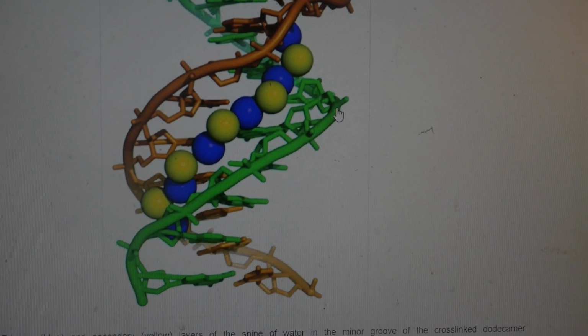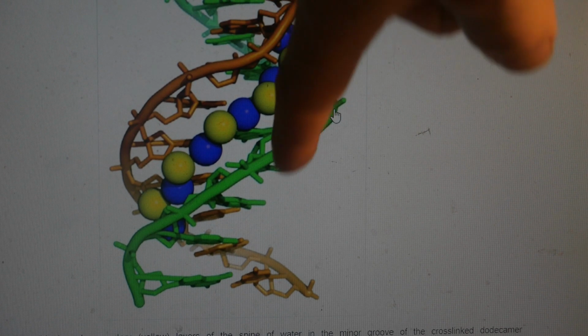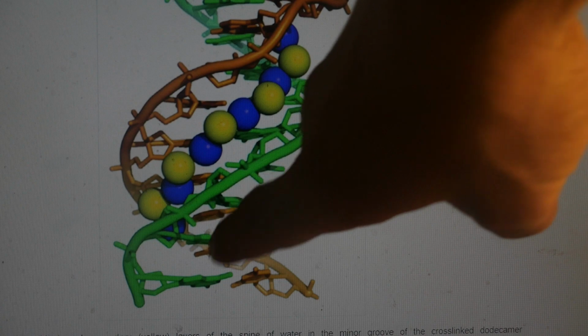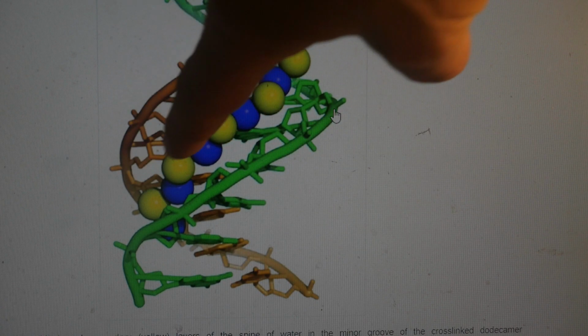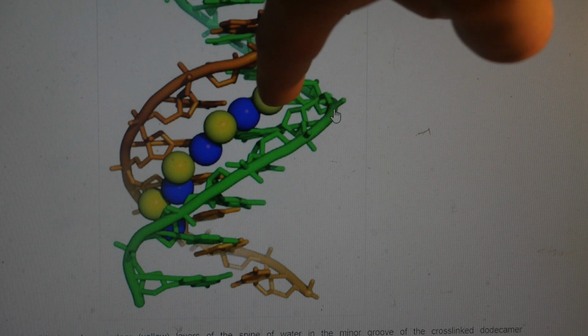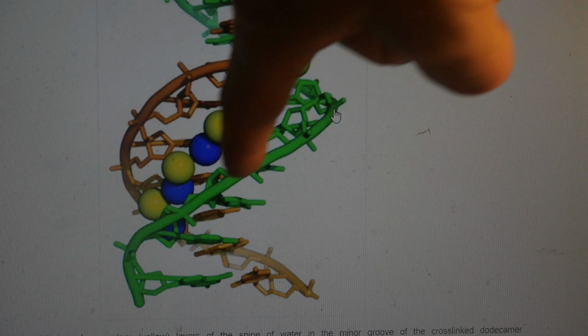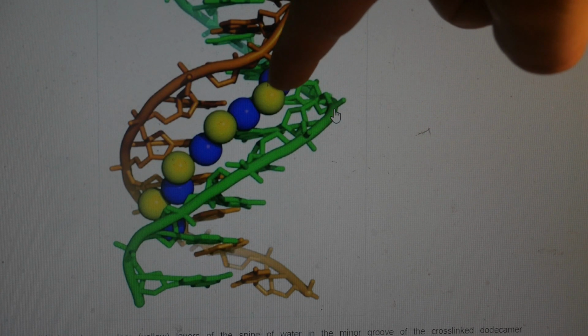So this is another double helix, and again, this is the major groove here, okay? That's the major groove there. This is the minor groove, and this is showing the spine of water molecules through the minor groove, and there should be a similar number to what they were in the previous diagram, 1, 2, 3, 4, 5, 6, 7, 8, 9, and they're actually arranged in two layers, one on top of the other.